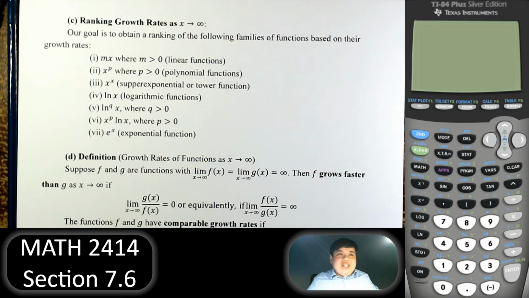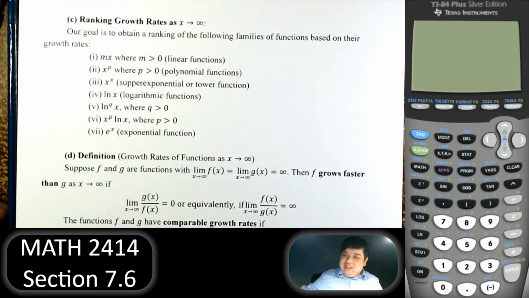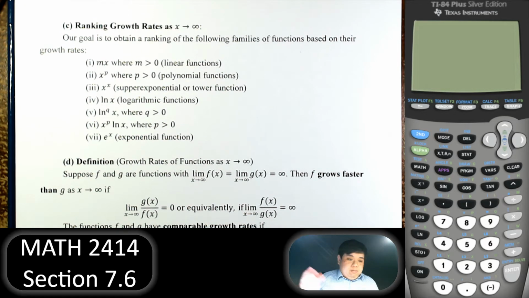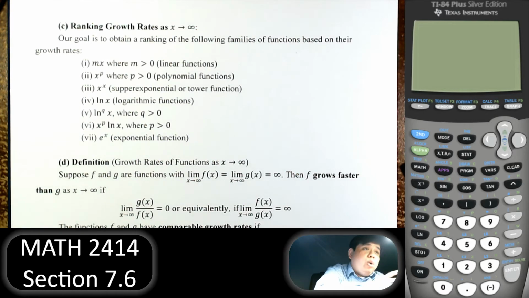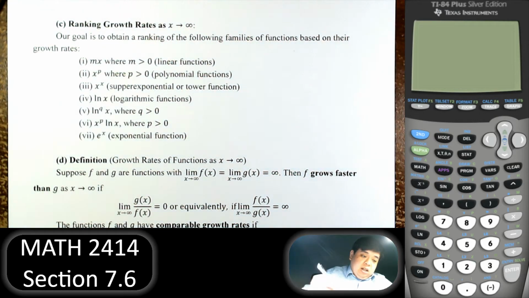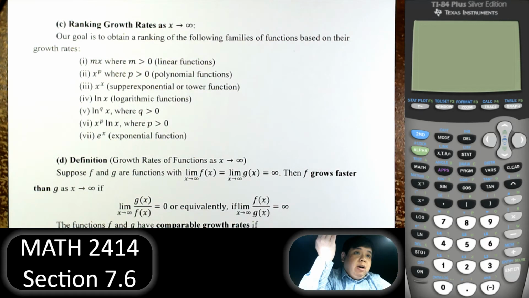Just realize in this section we only have one subsection and everything else is just A, B, C. We should have more. This should be 2, but anyway. So what do we do when we have the L'Hopital rule earlier? What we do now is rank these kinds of functions and see which one goes to infinity faster, pretty much.